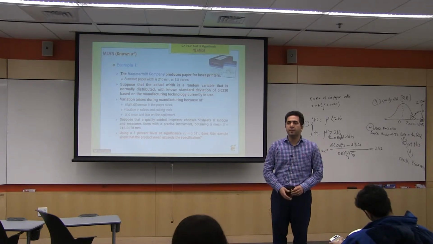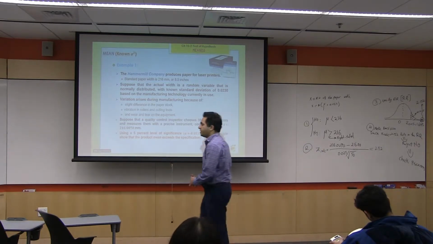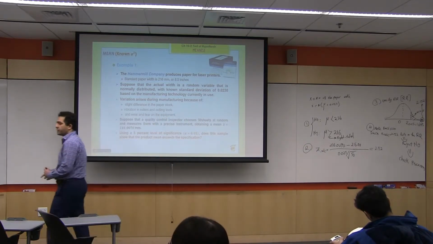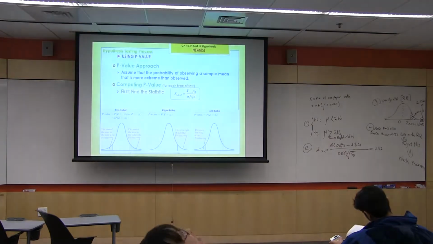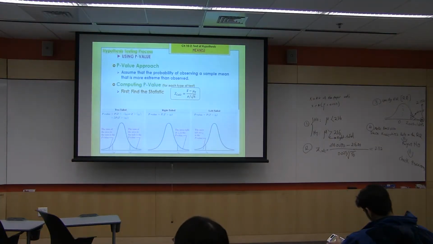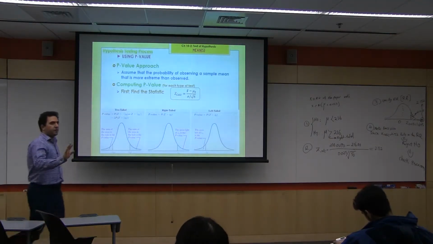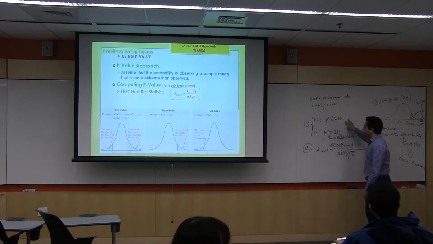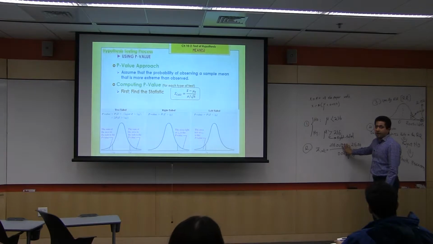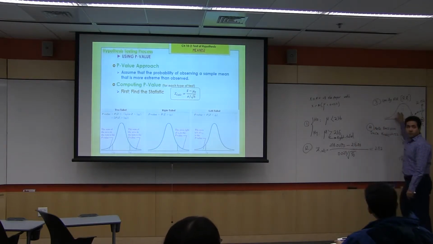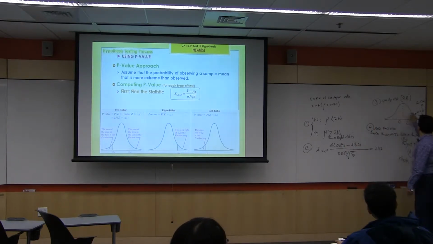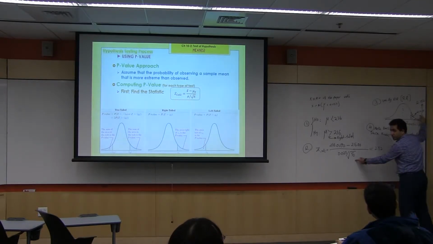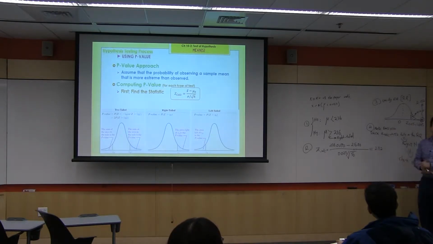So, on the other approach, we have to figure out the probability related to the z-calc. In this case, what we have done, we defined the hypothesis, we got the calc, and we defined the rejection region based on alpha. Then I compare these two numbers together. On the other method, we do the other way around.